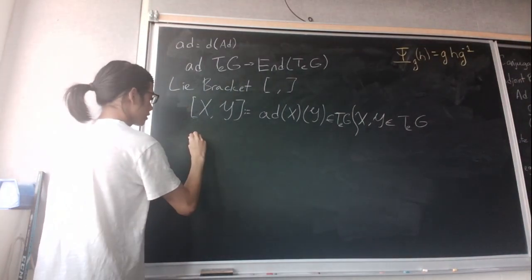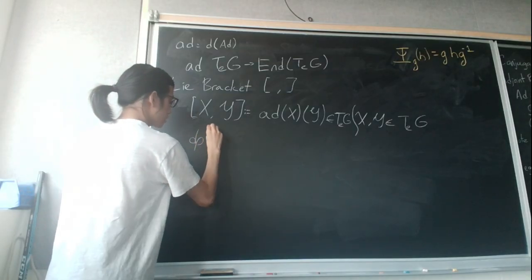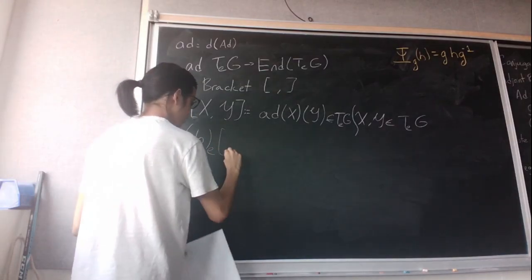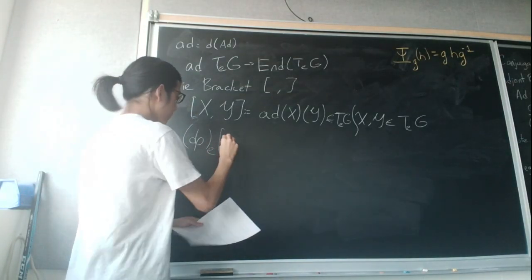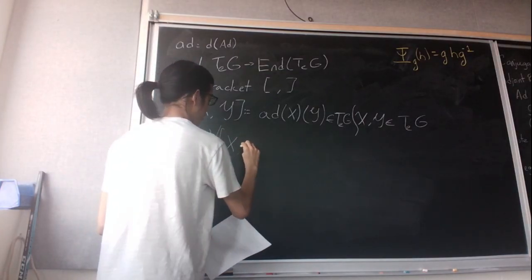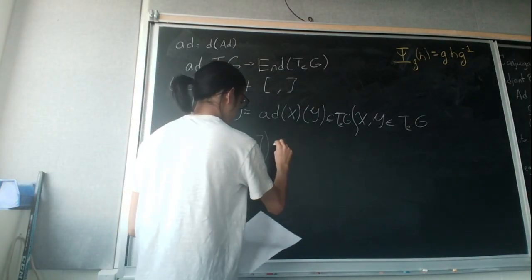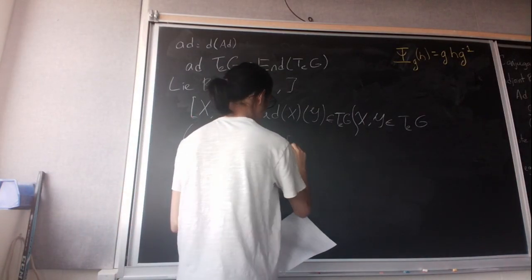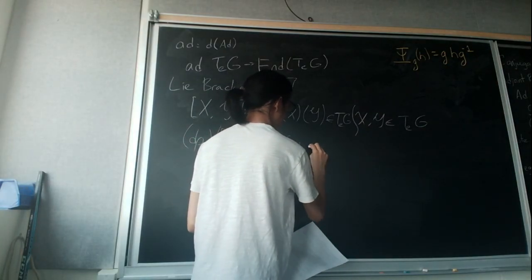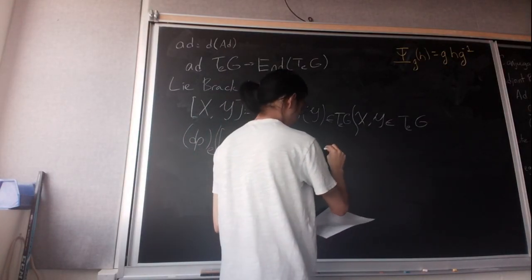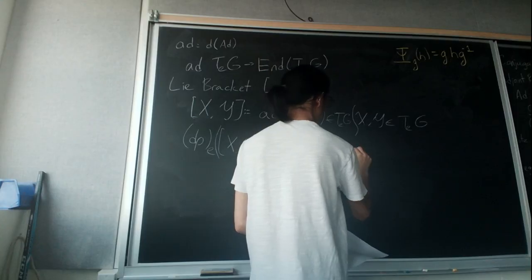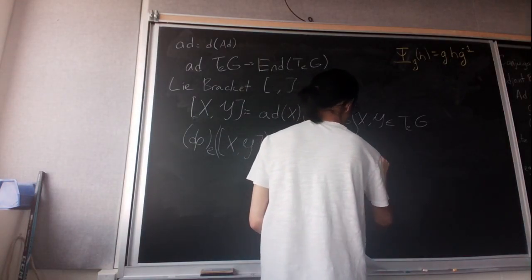In the sense that d rho at the identity of [X, Y] is equal to, well, it's the exact same kind of structure as we've written before. It doesn't matter what order you do it in.